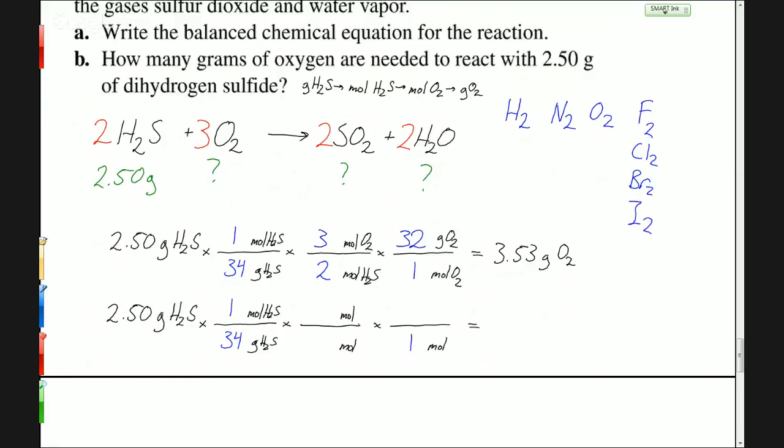Now instead of O2, we're going to go from H2S to SO2, and then SO2 over here. So the new numbers are, again, from the equation, 2 to 2. And for SO2, that's going to be 32 plus 16 plus 16, which is 64.